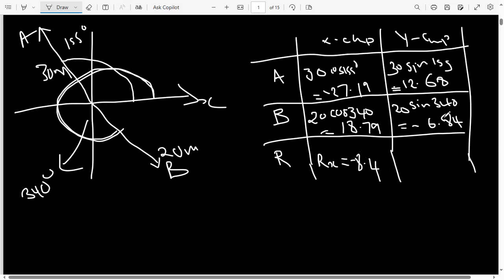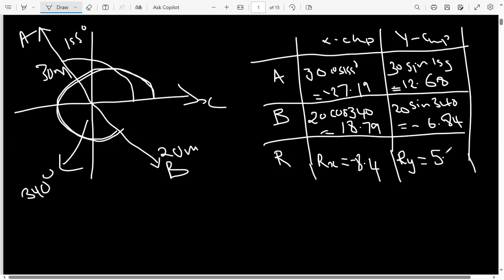And then even here, let's do, okay, so there we're going to say 12.68 minus 6.84. So this is going to give me 5.84. So I'm going to write my resultant y is just equals to 5.84.